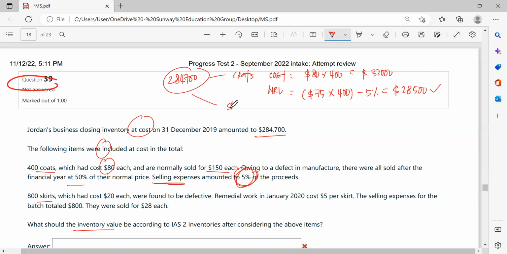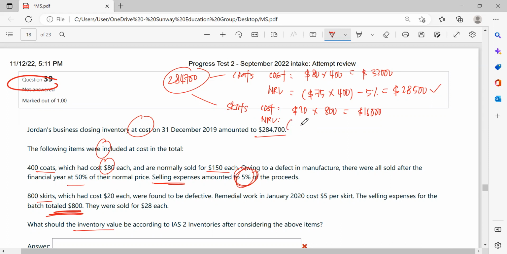Next, the skirts. Same thing, we compare cost and NRV. There are 800 units and 1 unit costs 20, so 20 multiplied by 800 is 16,000. The remedial work costs $5 per skirt. Remedial means you have to repair a bit before you can sell. Selling expense totals 800, and they sell for $28 each.